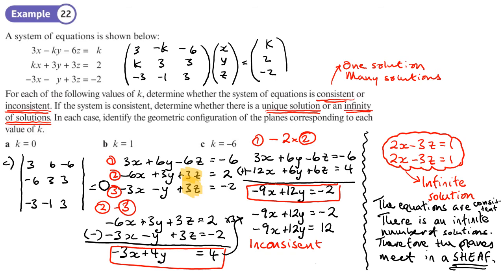And if it's inconsistent, we don't have an infinity of solutions for all three equations, maybe for pairs, but the pair we picked, there was no solution. So we'll say that the planes meet as a prism.